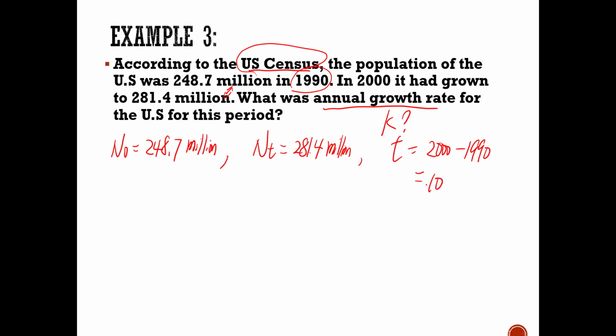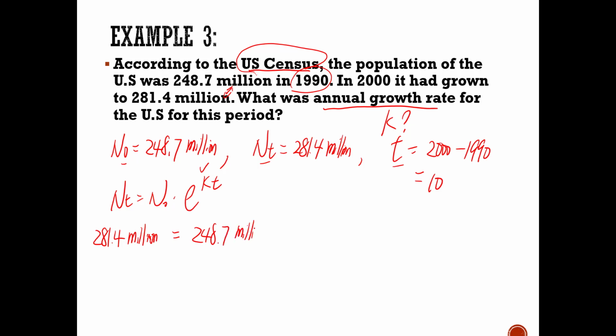So one more time, we know three numbers in the formula. We can solve for k. Okay. So NT equals N0 times e to the kt, and we're solving for k here. So NT, that's 281.4 million, equals 248.7 million times e to the k, unknown, but the time t we know, so it's k times 10.